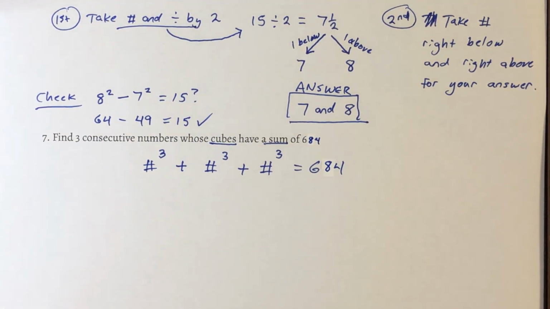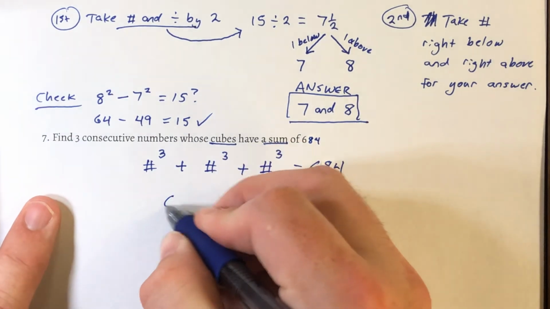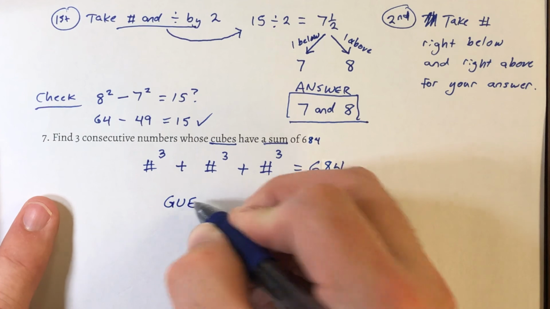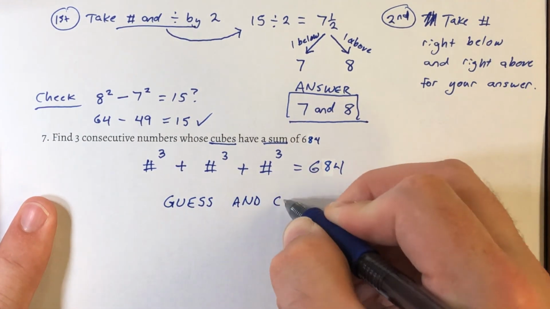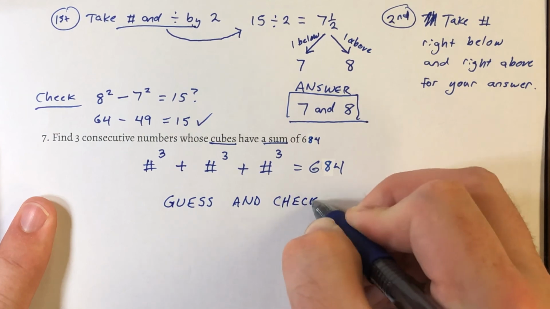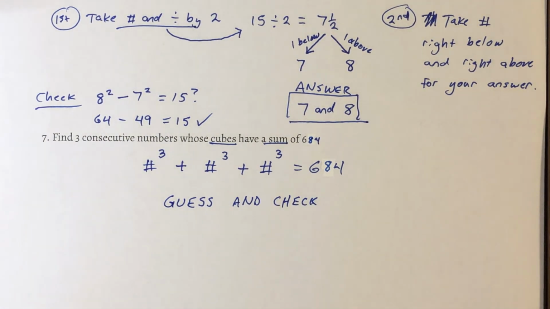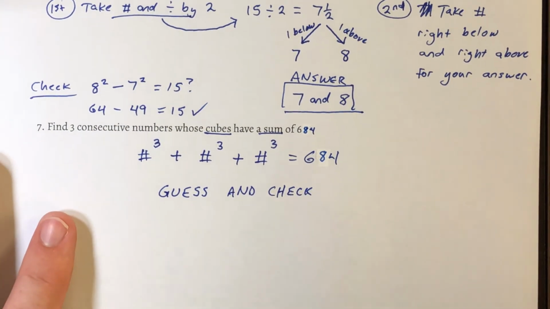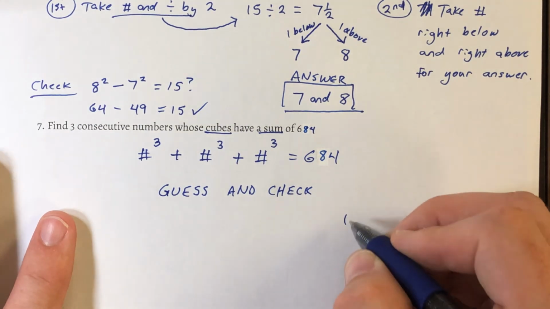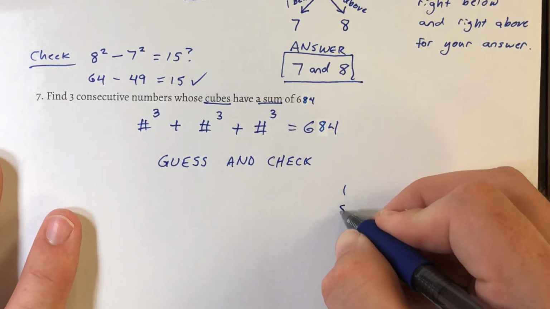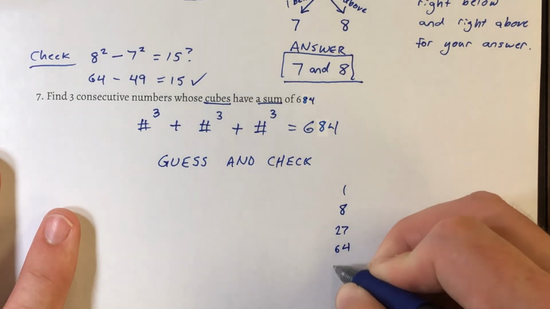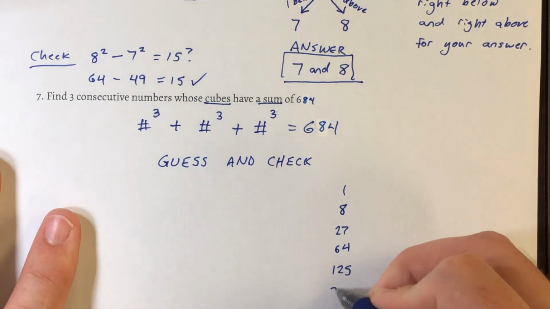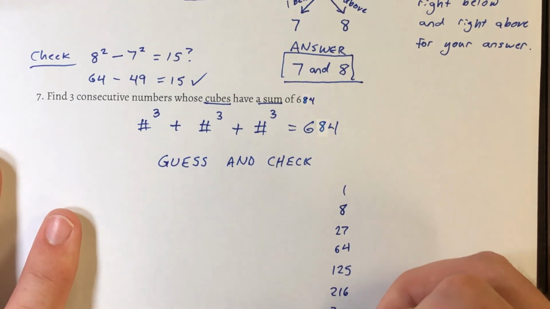Okay, now, there is no cute little method that works for this. Basically, you're just going to have to guess and check until you get it right. So what could speed this process up? Knowing your perfect cubes. So I'm just going to list out some. I know the first few perfect cubes are 1, 8, 27, 64, 125, 216, and 343.